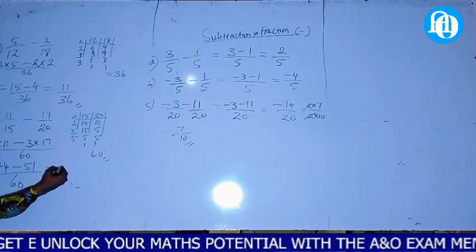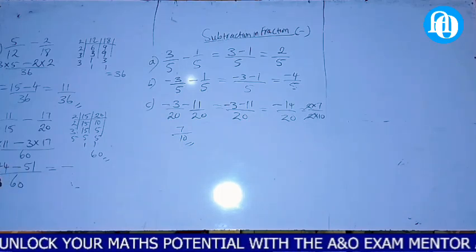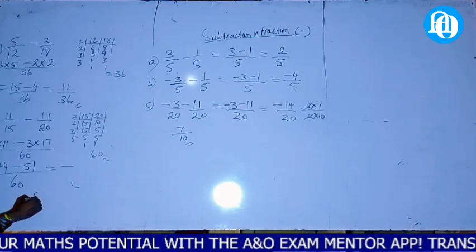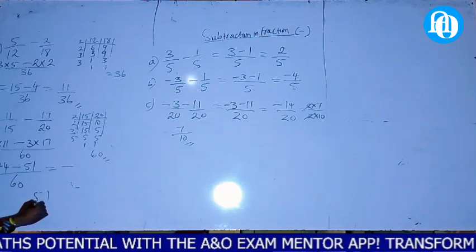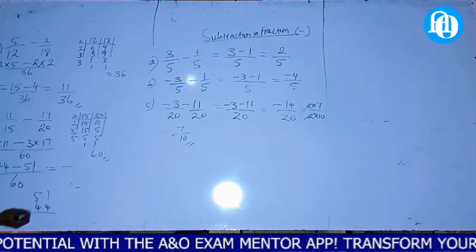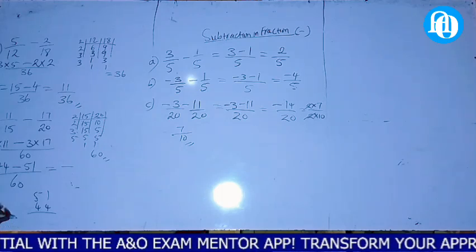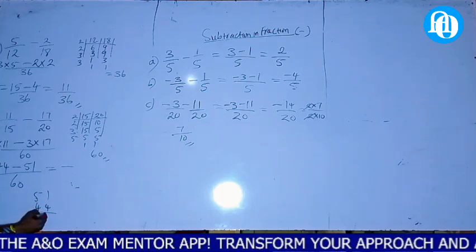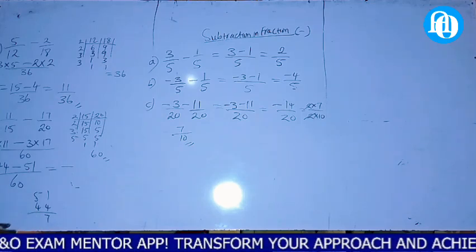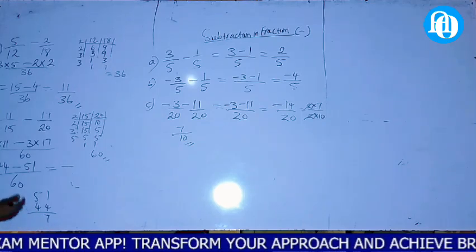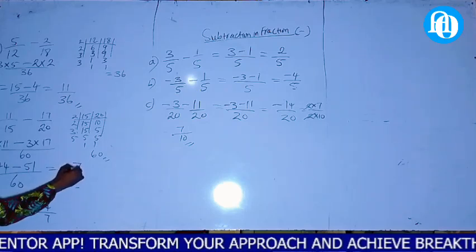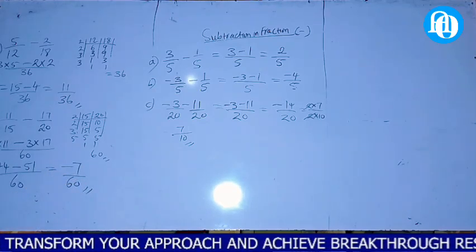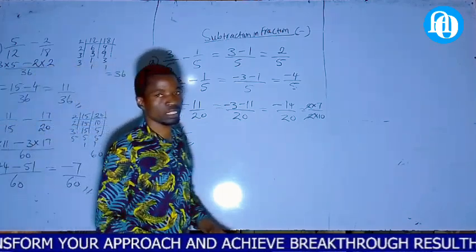This, 51, minus. Now 51 minus 44 is 11... that's 7. The answer is minus 7 all over 60. That's the answer. And that's the end of the class.